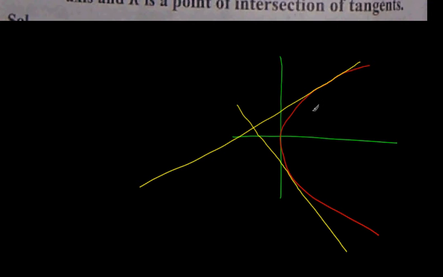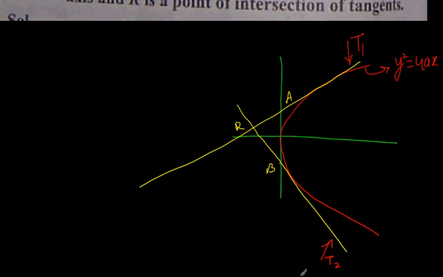Then this point is given as R, this point is given as A, and this point as B. We have this parabola y square is equal to 4x, y square is equal to 4ax. These two are tangents, this yellow one and this yellow one. This is T1 and this is T2.